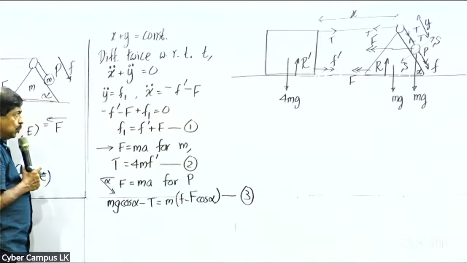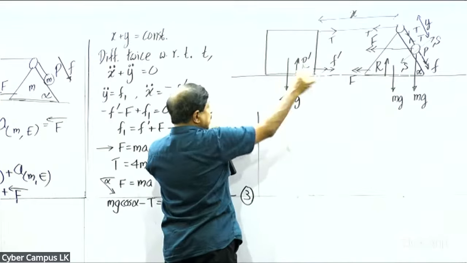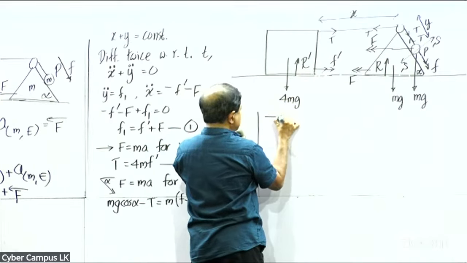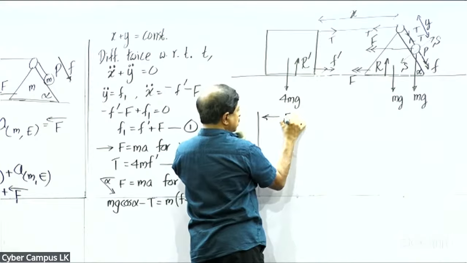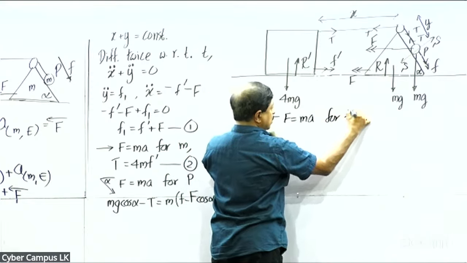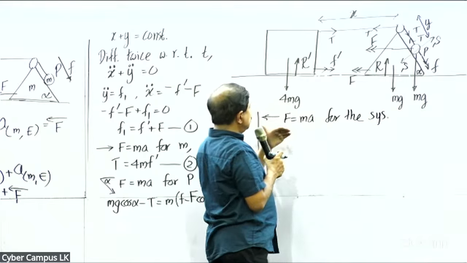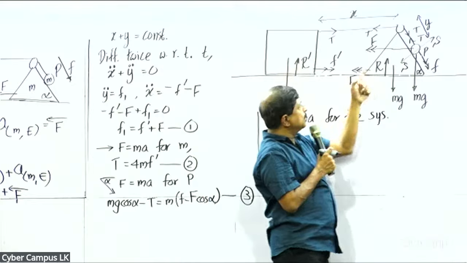Now we need one more. That is for the system. Here everything is moving, therefore I can apply this horizontally for the system. Now, if you apply horizontally, R dash and R will go away.